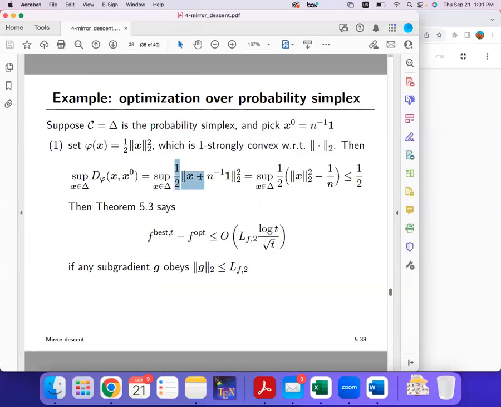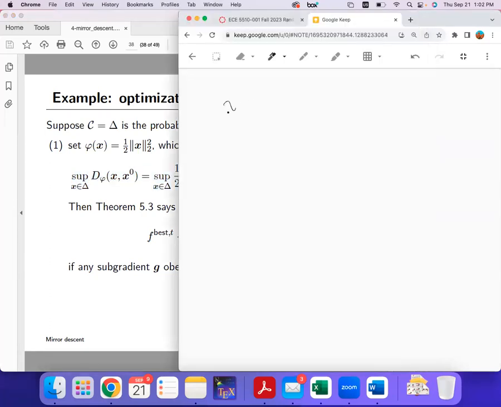So we just look at this square term: the L2 norm squared of x minus 1 over n, where x belongs to the simplex, and this 1 over n means a constant vector where all the entries are 1 over n.